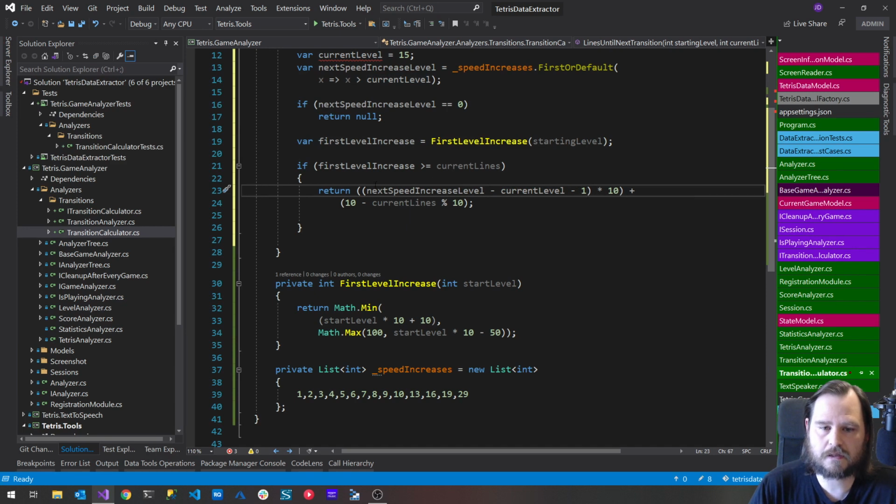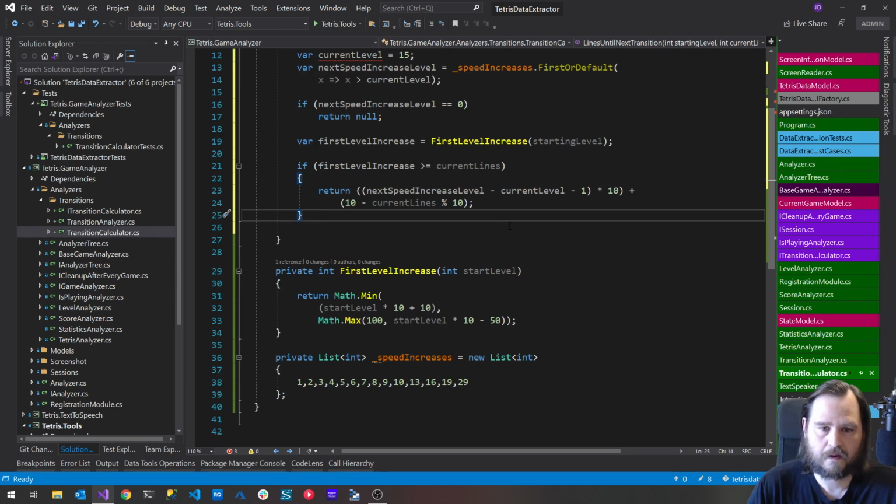That becomes 2 times 10 is 20 plus 5 is 25. So that's right. This is if you've already hit your first level increase. Okay.